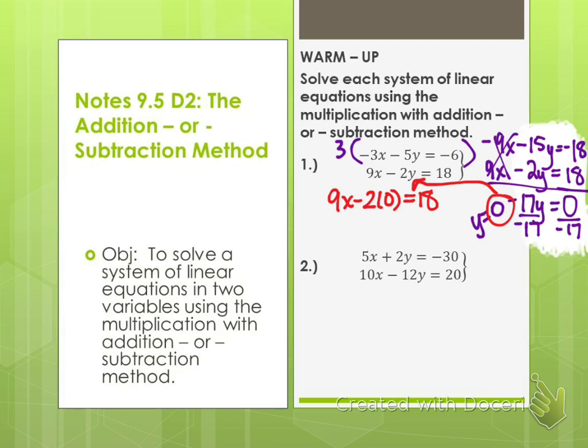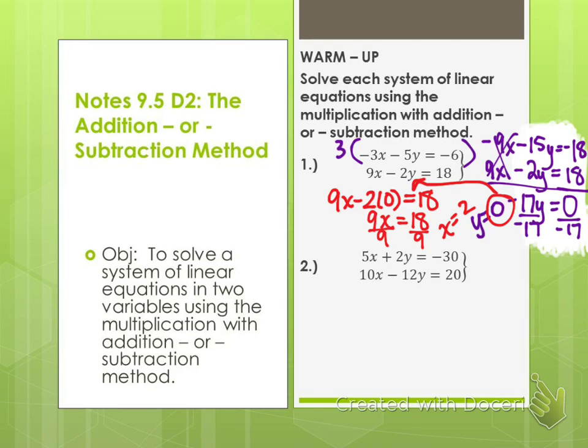What's 2 times 0? 0. So 9x minus 0 is just 9x. How do I finish solving for x? Divide by 9, x equals 2.